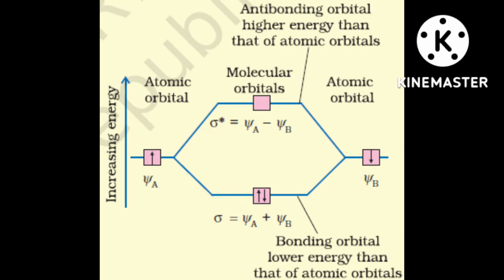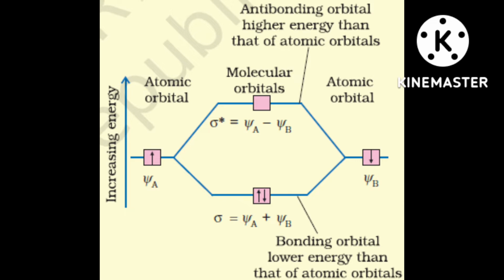If a molecule has 2 atoms, then 2 nuclei. If 3 atoms, then 3 nuclei. Thus an atomic orbital is monocentric while a molecular orbital is polycentric.